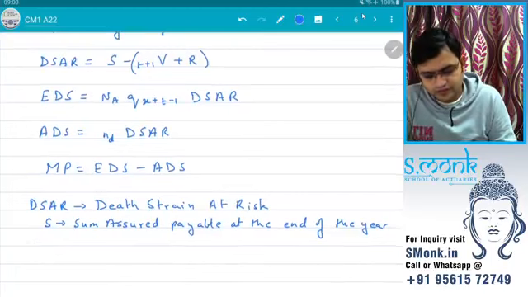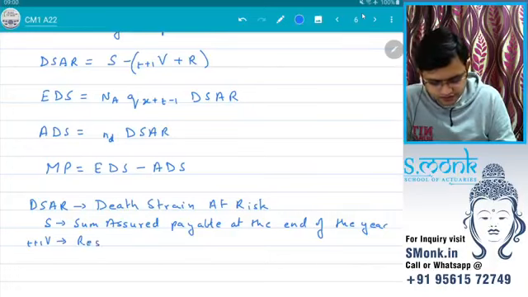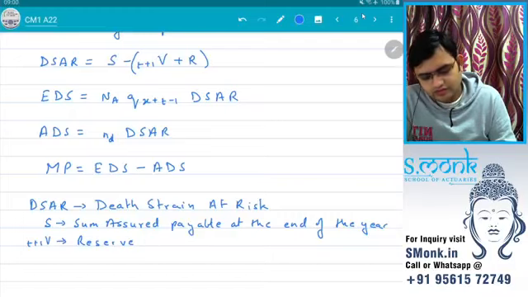T plus 1V would be the reserves kept at the end of the year.